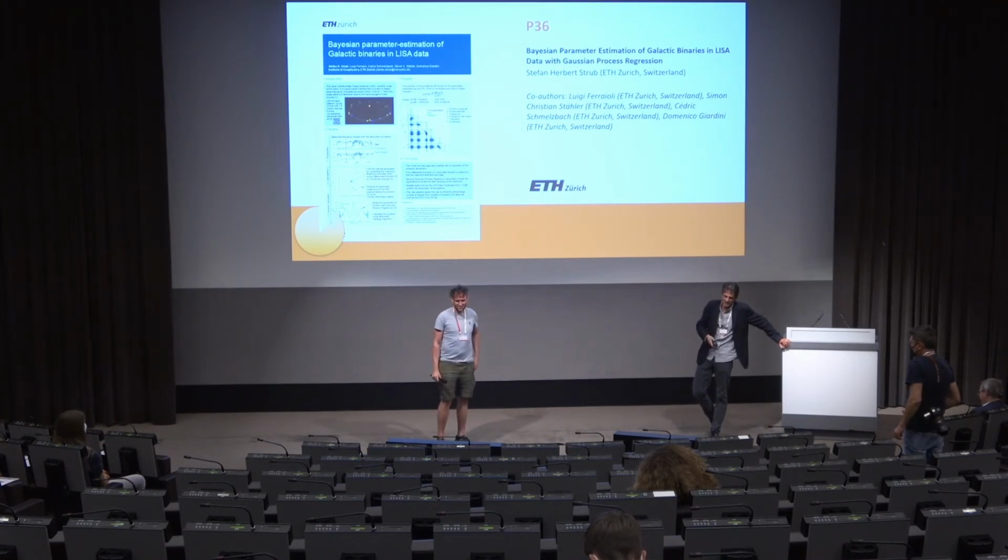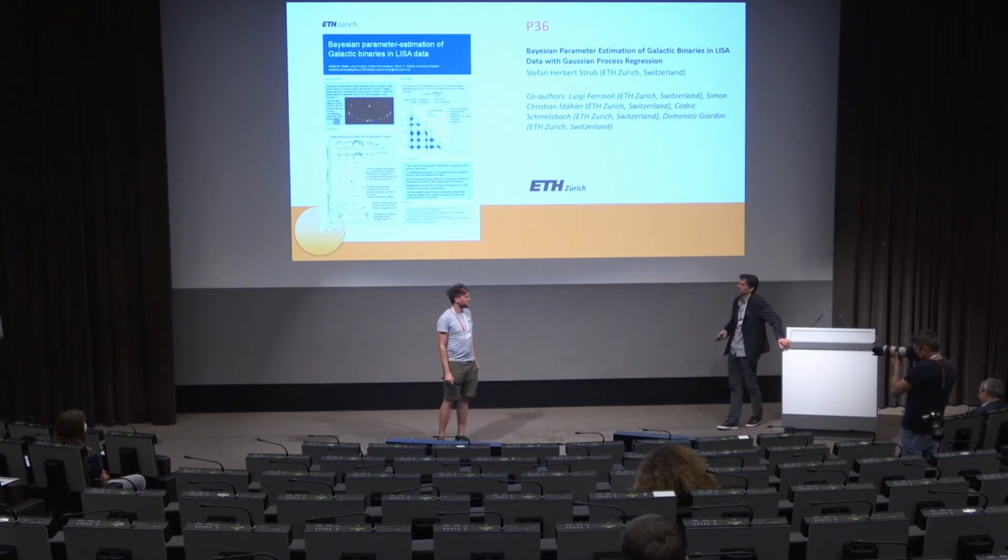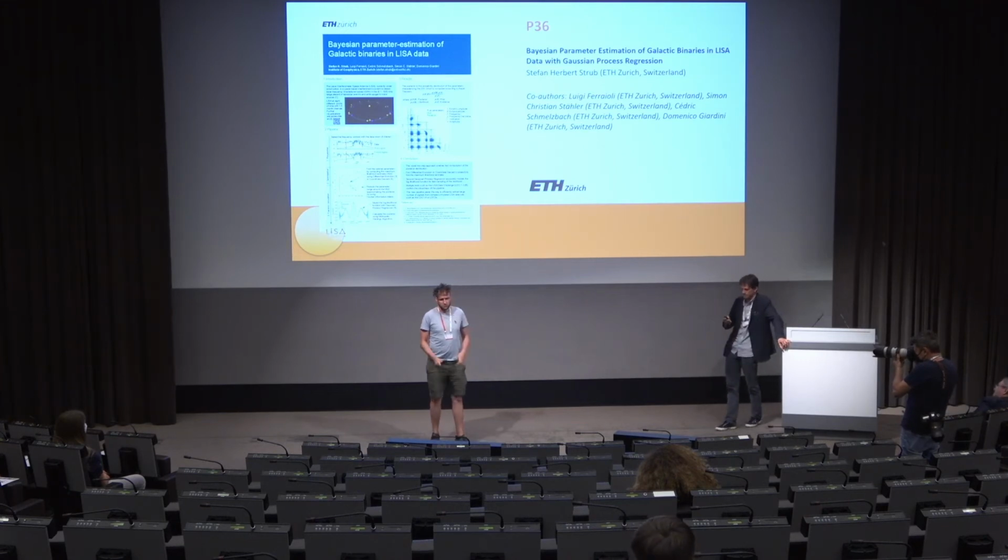So, Stefan, Bayesian parameter estimation of galactic binaries in LISA data. Yeah, so LISA data, that's with gravitational waves, so that's very exotic. So if you come by, I will tell you what gravitational waves are, how we detect them, how we will detect them in the future, and how we extract all these signals which we will detect from all the millions of galactic binaries which we will measure simultaneously, and how we will estimate these parameters.